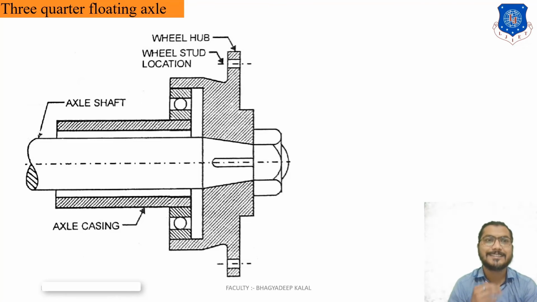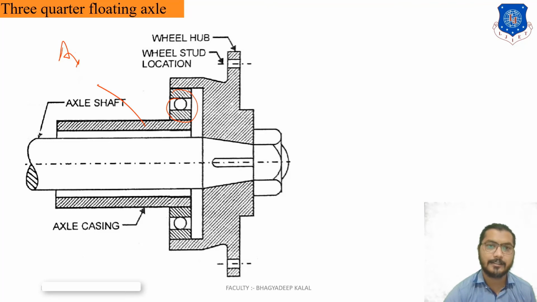In this case the bearing is provided in between. These are the axle casings, which are hollow, and inside them the axle shaft is provided. So the bearing is provided over the axle casing and the wheel hub. These are the wheel hub.